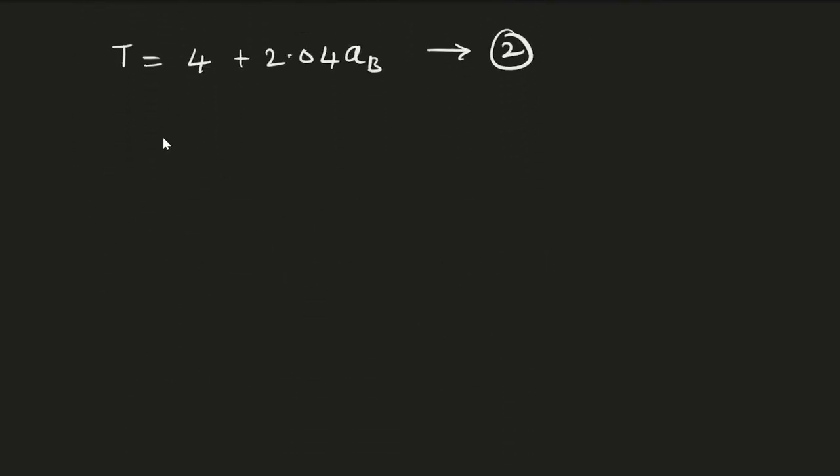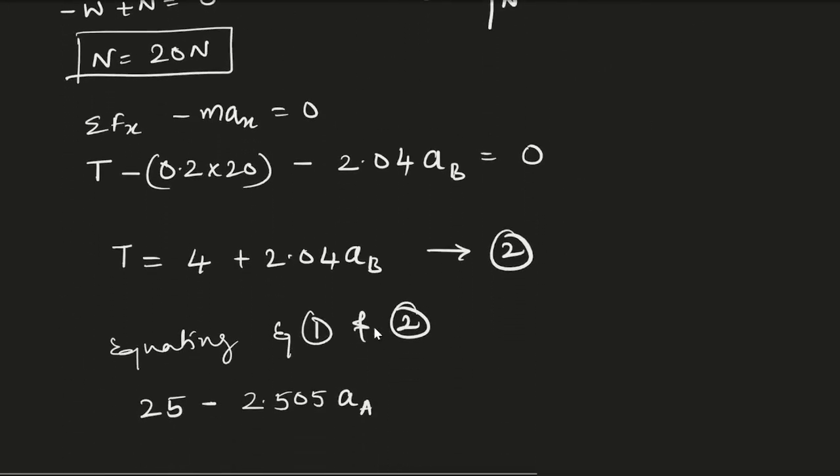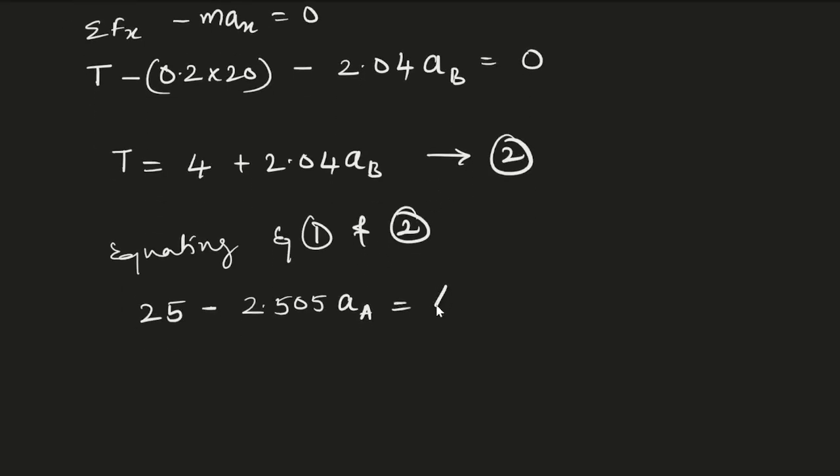Equating equation 1 and 2, we get 25 minus 2.505 A suffix A, block A, equal to 4 plus 2.04 AB.